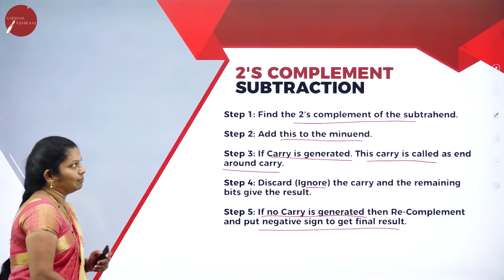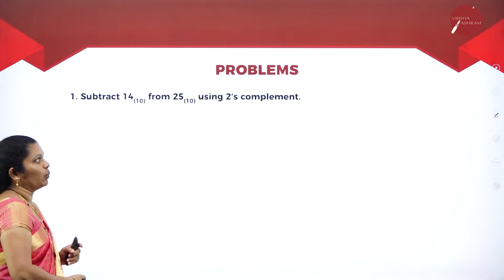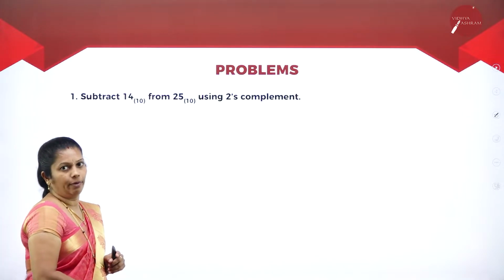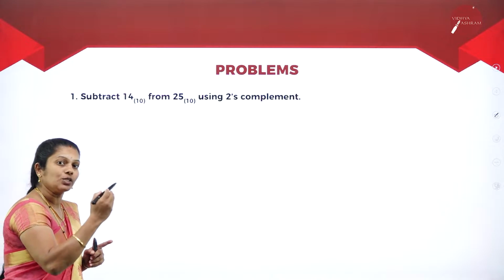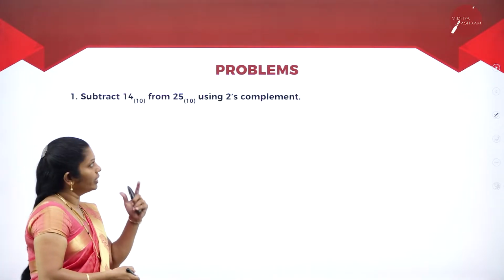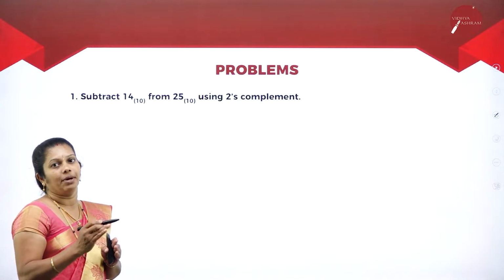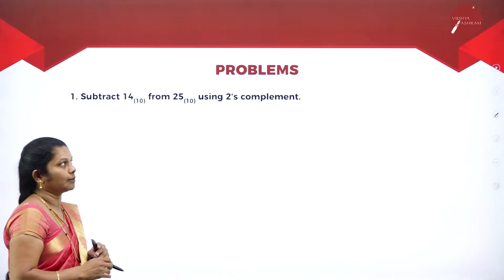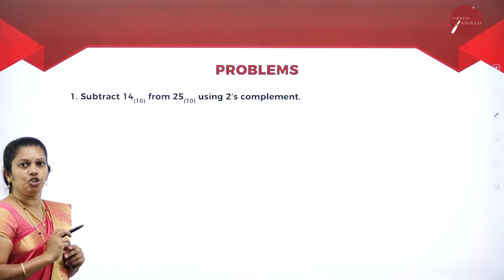Now we'll explain with some problems. Consider we have to subtract 14 from 25 using 2's complement. In the previous class you learned how to subtract using 1's complement, and in today's class you will learn how to subtract using 2's complement. First, identify which is the numerator and which is the denominator.